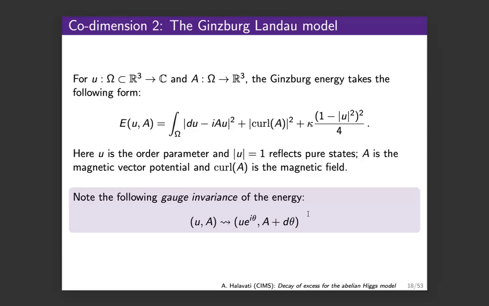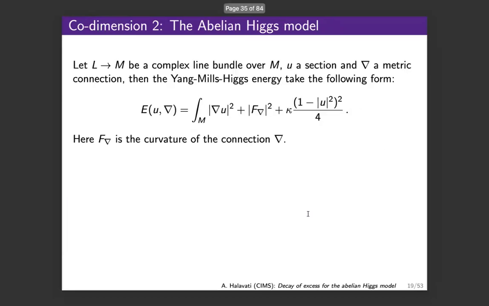So we fix some gauge. A lot of times they call it the Coulomb gauge, or whatever gauge you want. There's basically a huge group of freedom. So this is in 3 dimensions. And in fact, in higher dimensions, there's a more covariant formalism of this energy, which is in the setting of complex line bundles. So what is a complex line bundle?